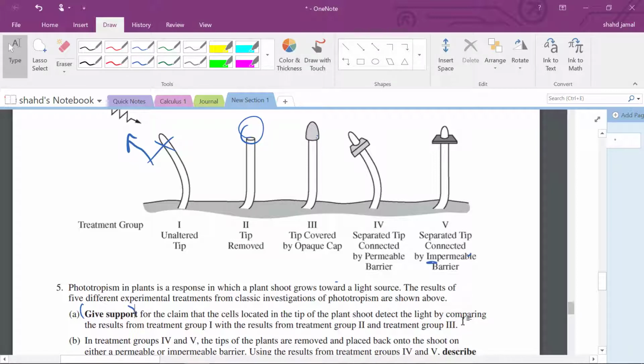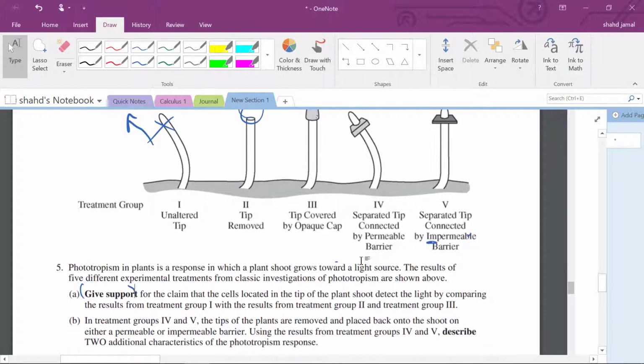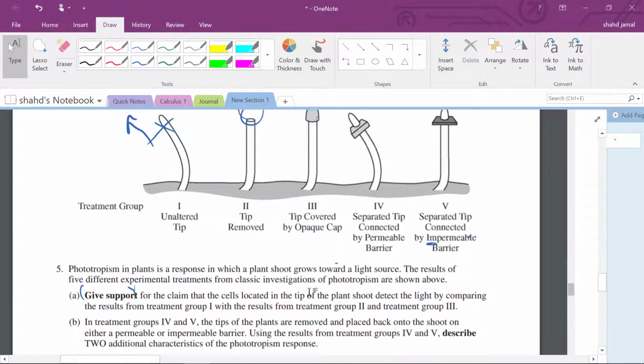However, they want you to also compare it with number 3. Number 3 is showing us that the tip is covered by a cap. This means that it doesn't have to be completely cut off, but if the cells are physically unexposed to the light, they will not grow in the direction of the light, and they must be fully exposed to the light for it to grow towards it. So this is literally all you need to say for part A.